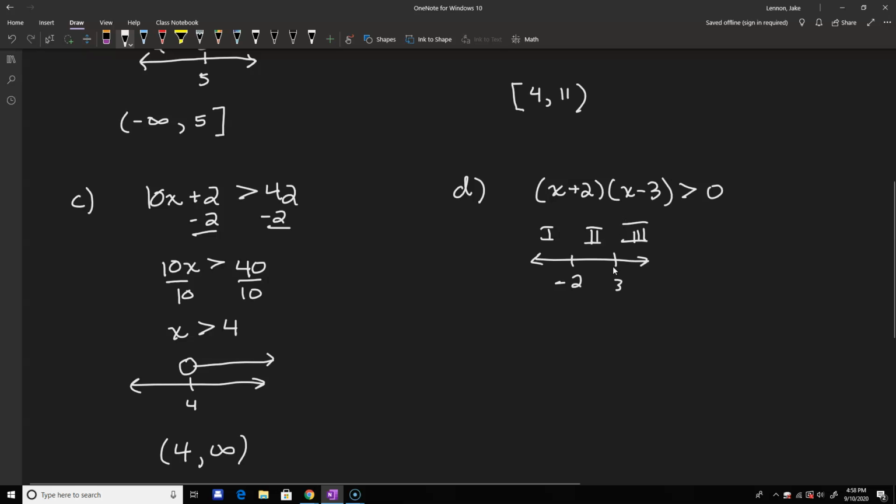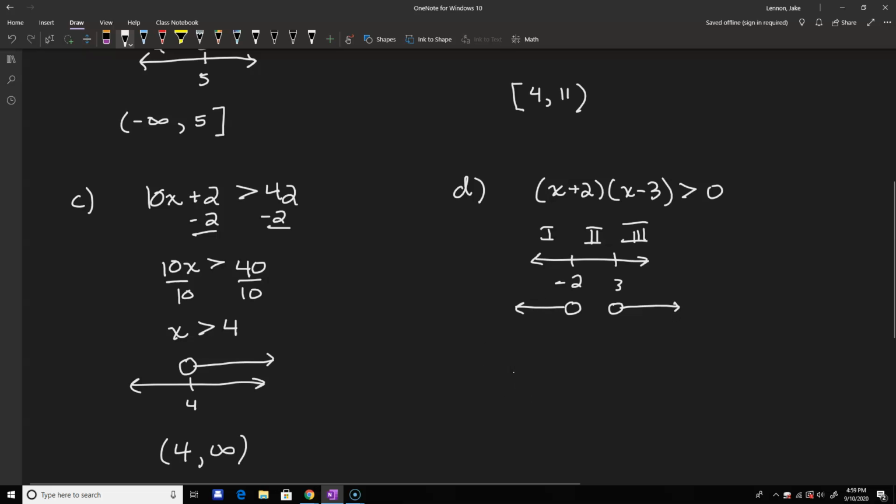You can refer back to the solving inequalities video to check that. But I will tell you that the solution is going to be less than -2 this way and greater than 3. So we've got two disjoint intervals that are both part of our solution set. Basically our solution set is x less than -2 and also x greater than 3. You can just plug in some numbers to check that's true.